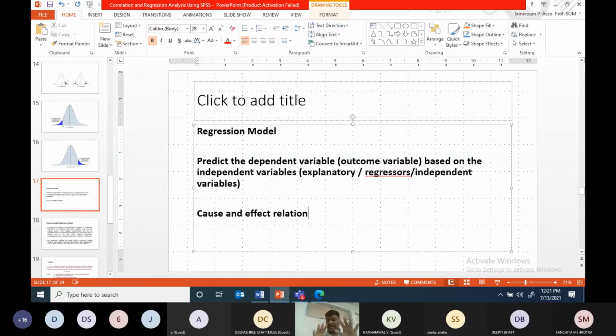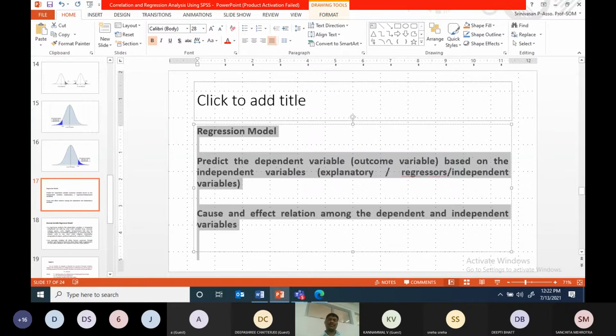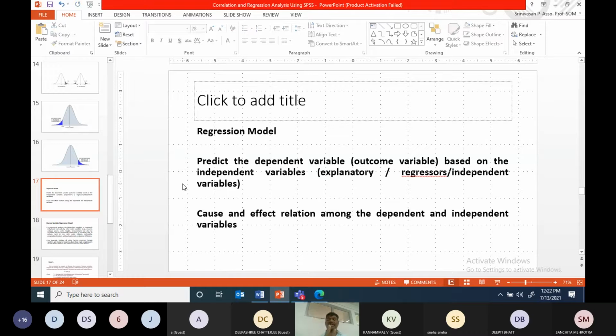So, in order to examine the cause and effect relation among the variables, among the dependent and independent, here we have two variables. There are no such variables in correlation.